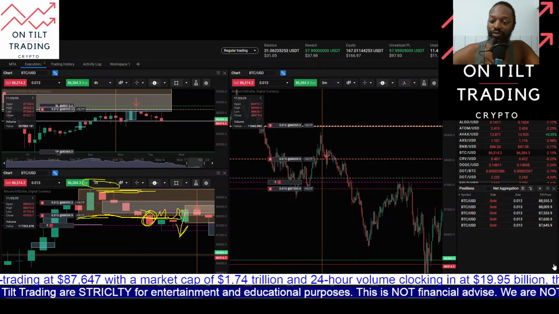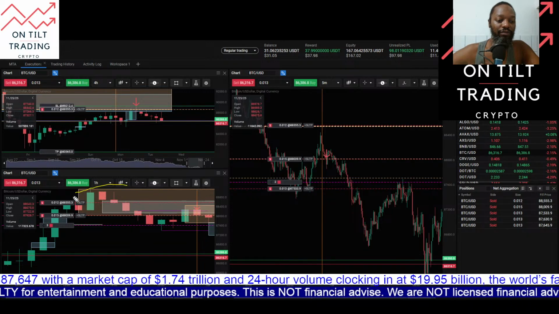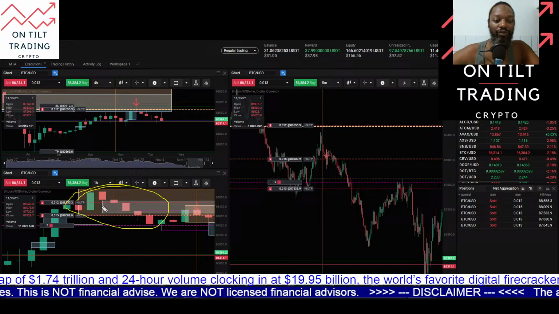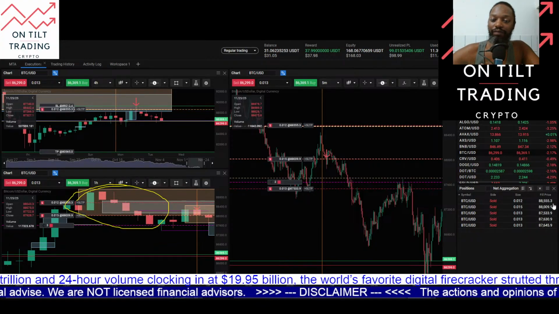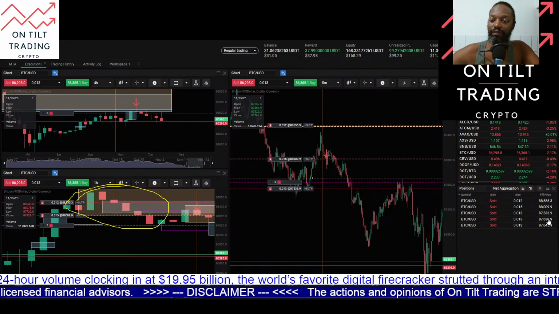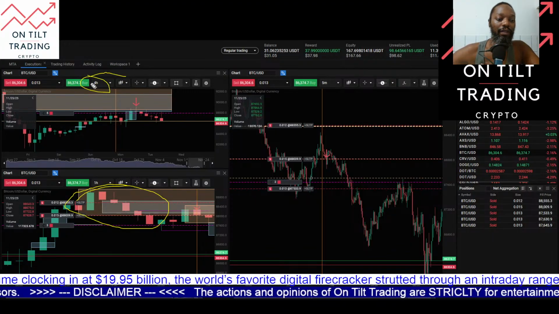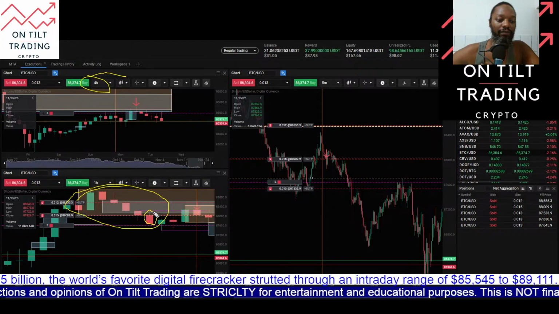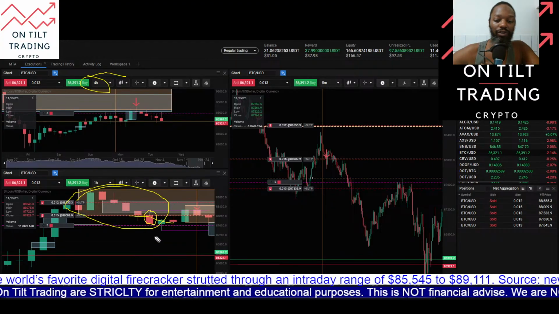So with this market structure shift, this confirms this order block. Now that this order block is confirmed on the 1-hour, the previous order block was here on the 4-hour chart. But this is an order block being formed and confirmed here on the 1-hour chart.